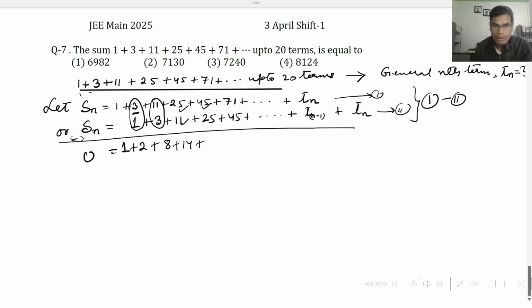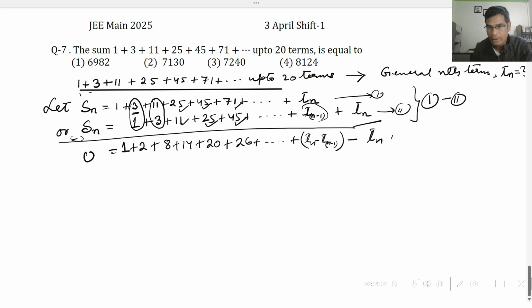Next, 45 minus 25, which is 20, plus 71 minus 45, which is 26, plus, so on, the last term minus the term before the last term, that is t suffix n minus t suffix n minus 1, then minus t suffix n.